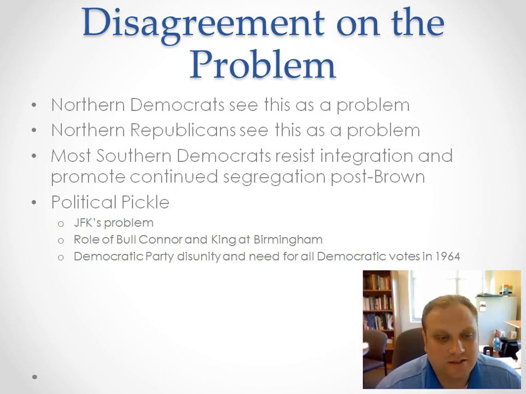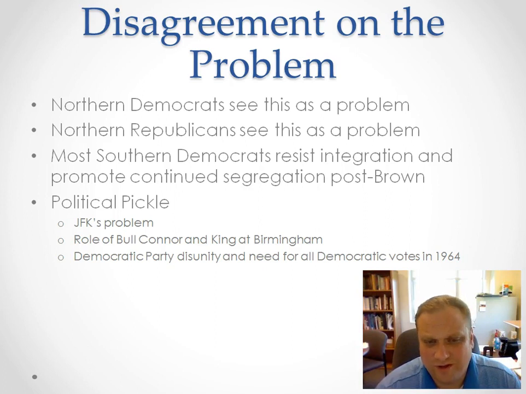A number of Northern Democrats saw racial discrimination or the lack of opportunity in jobs and other things as a serious problem in America. Most Northern Republicans agreed, and there weren't many Southern Republicans really yet, but there were some who also maybe agreed, some others not at all.